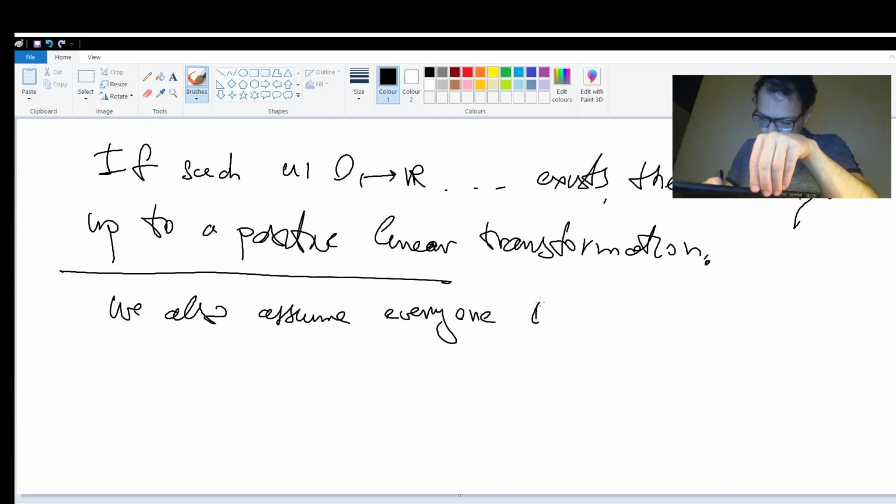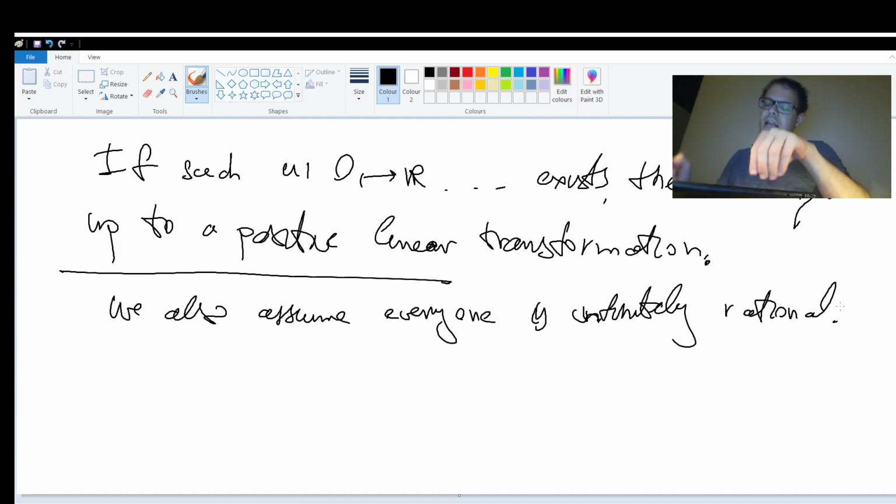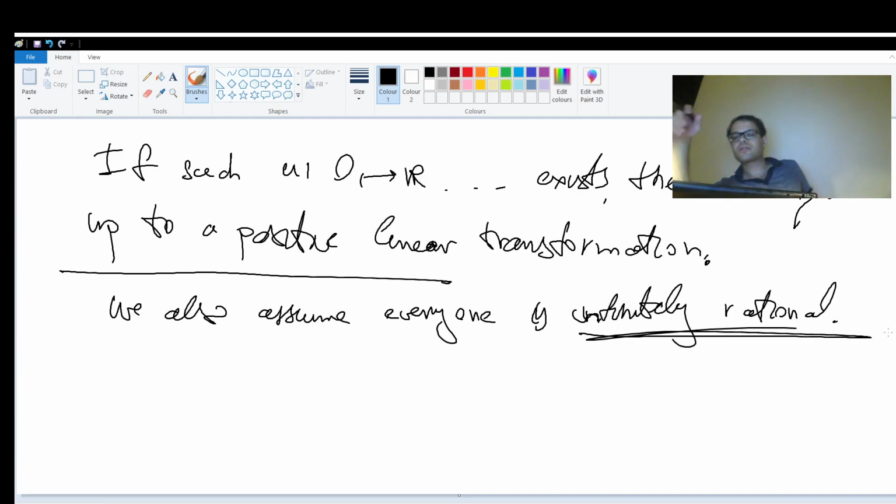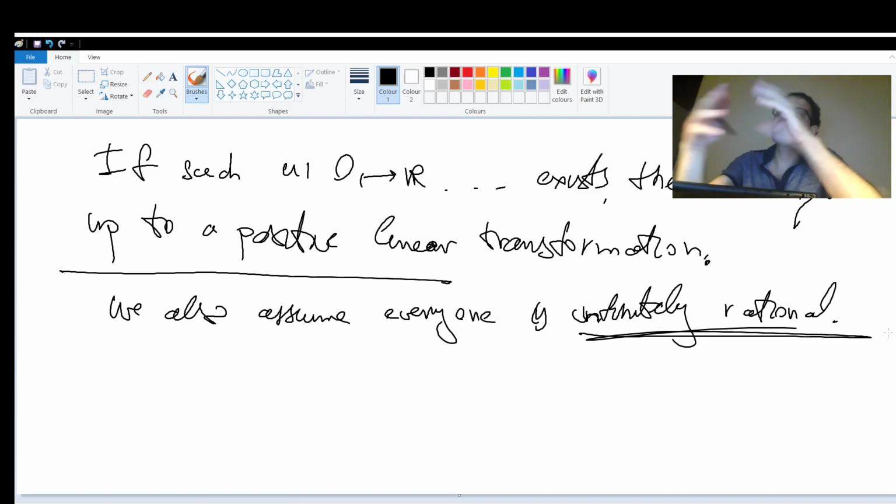In real life, it's not the case that people are, and even corporations are not infinitely rational. And the preferences are not so nicely expressed by some function which you can just combine linearly based on the probabilities. You have people who are risk averse. You have people who are risk loving or risk seeking.